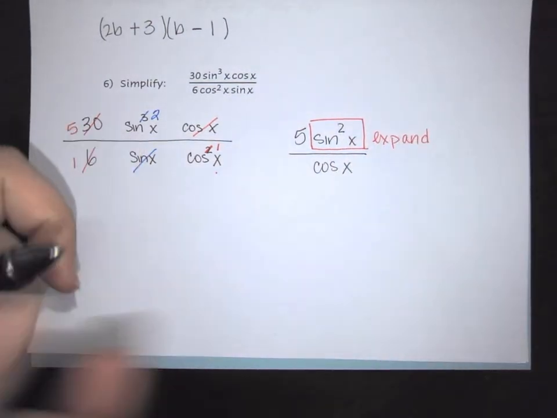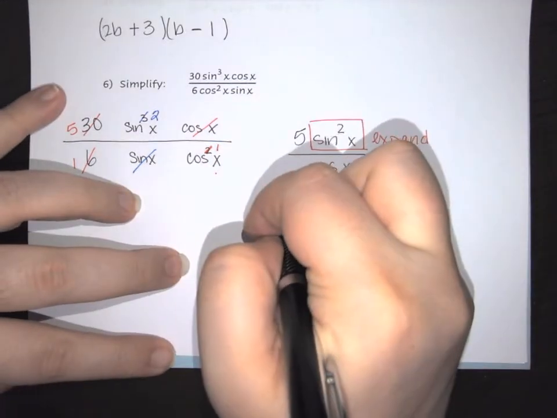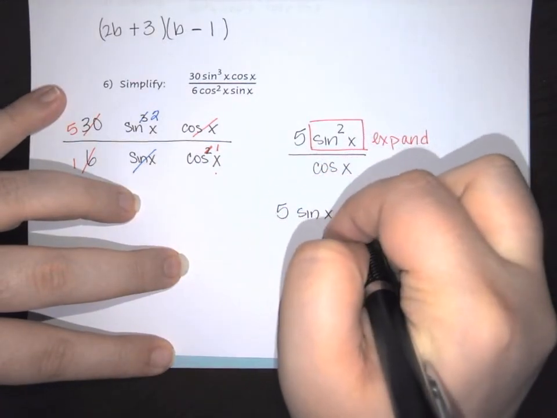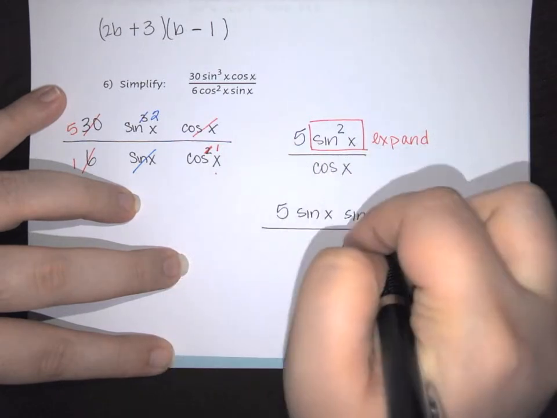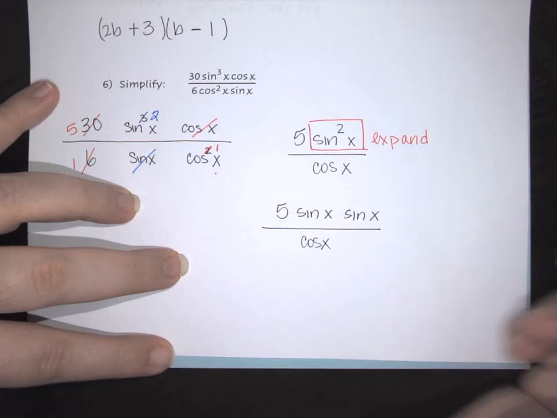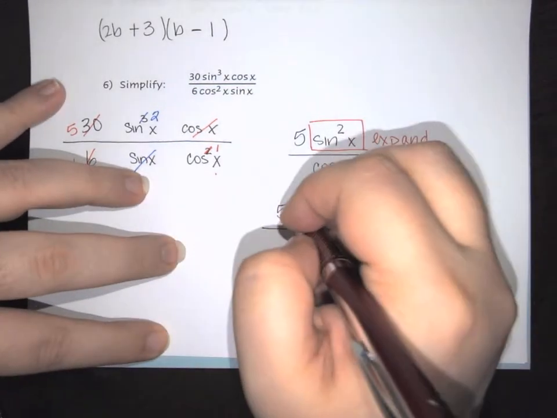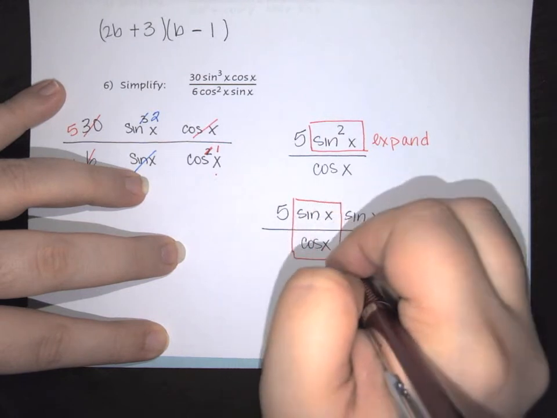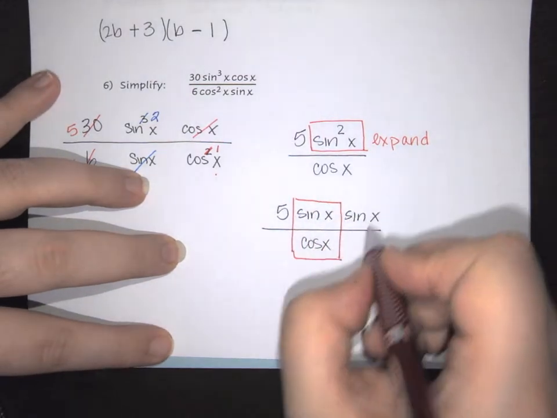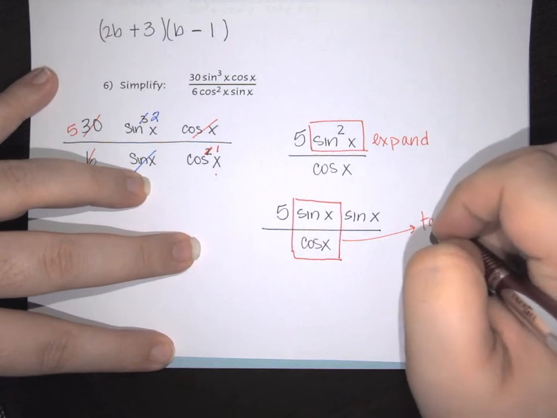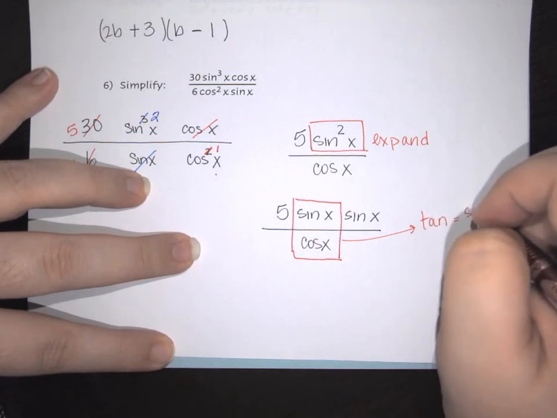And when I do that, I'm going to end up with 5 sine of x all over the cosine of x. Now if you look very carefully, notice I right here have sine over cosine, which we automatically know is my tangent.